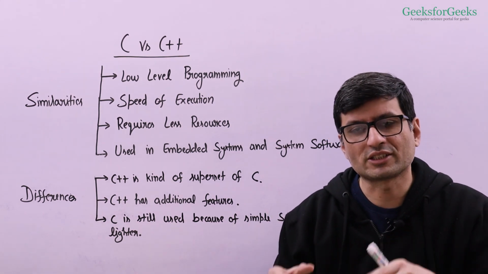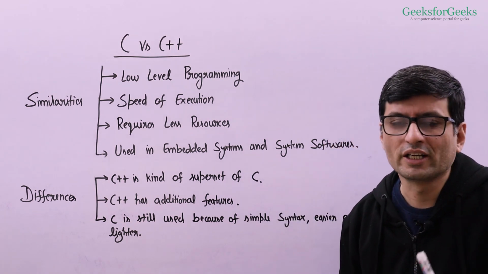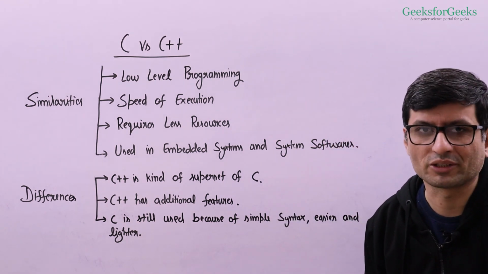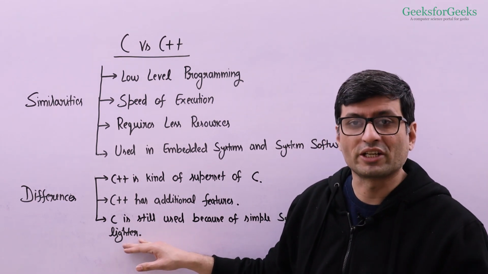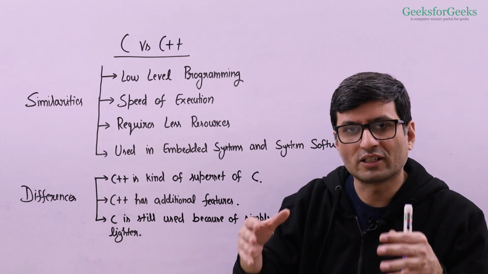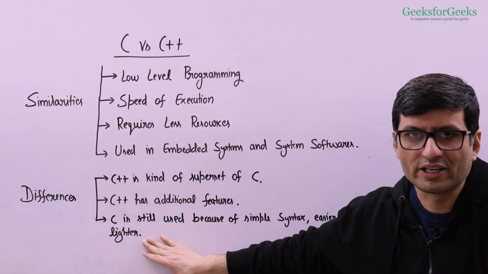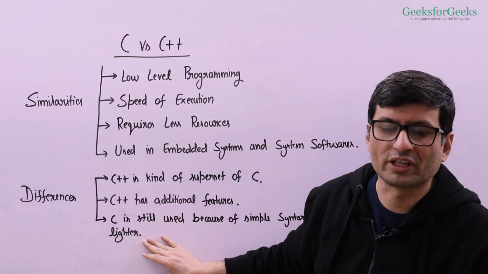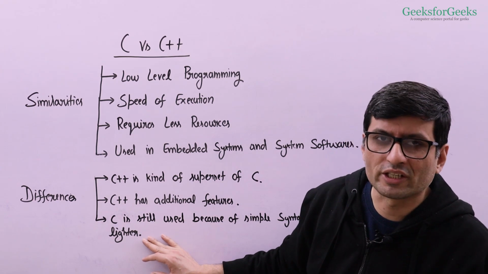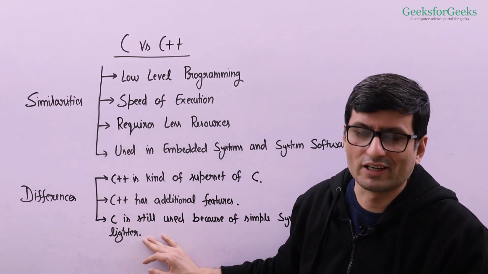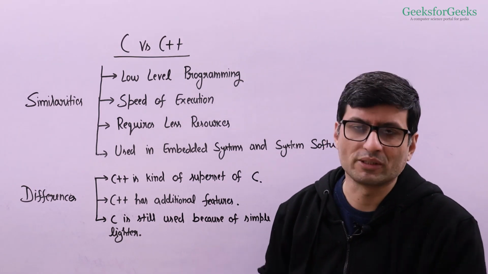C has a smaller set of rules and a smaller set of keywords, and it's easier to use and easier to build in C. Also, it is said that when you compile C code and generate the binary, the binaries are lighter when you use C style coding and C functions. But when you use C++ object-oriented code, the binaries are slightly larger because of the additional features added in C++.